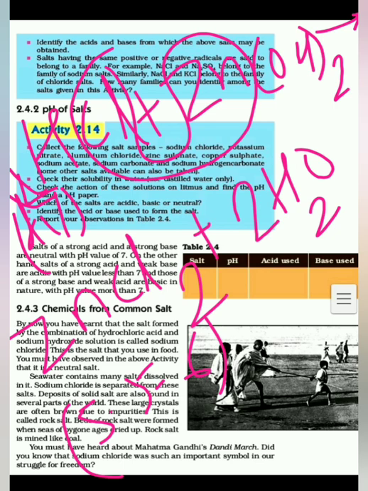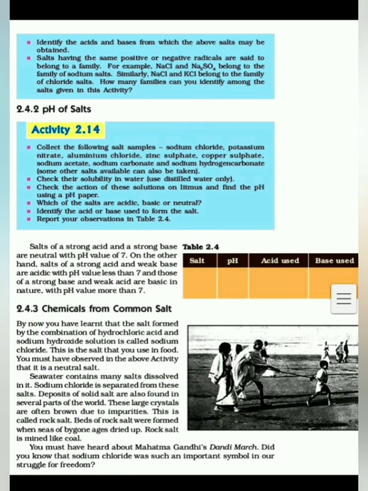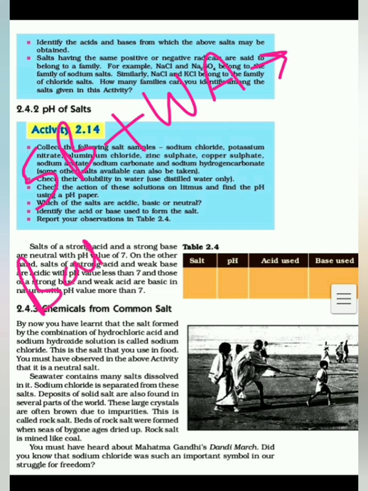Now, salts of strong base and weak acid are basic in nature. If the salt is of strong base and weak acid, it will be a basic salt plus water.